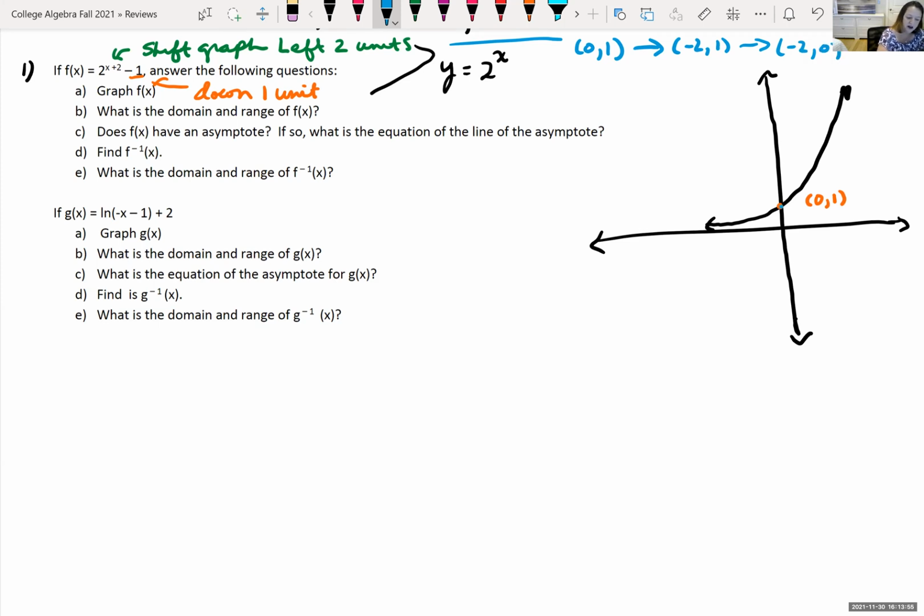So this point here, using our transformations, is right here. Since we're shifting this down 1 unit, our asymptote that used to be at y equals 0 is now at y equals -1. So our graph looks similar to this.